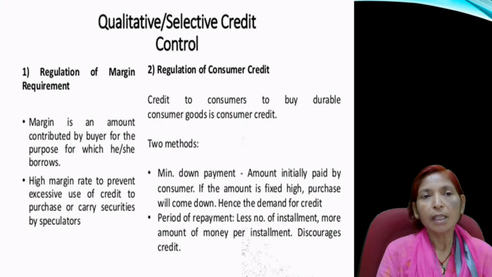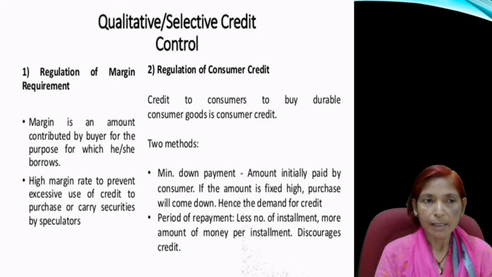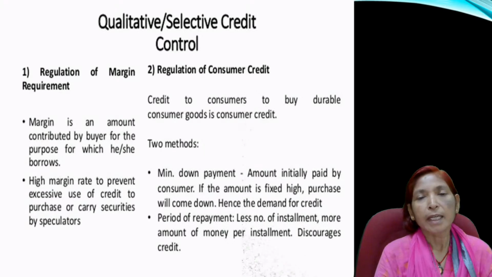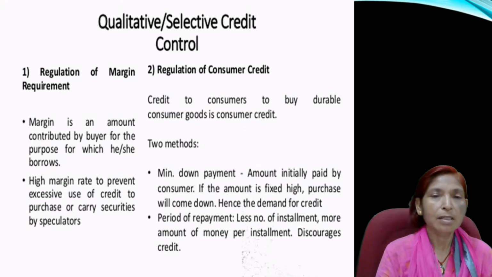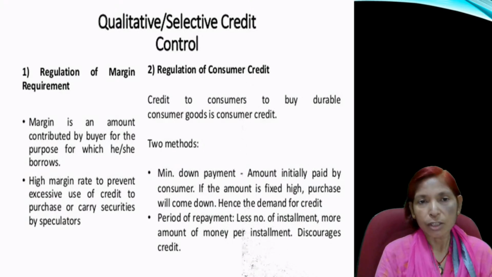So these are the qualitative or selective credit control instruments, in which you have studied four points: margin requirements, rationing of credit, moral suasion, and directive action.